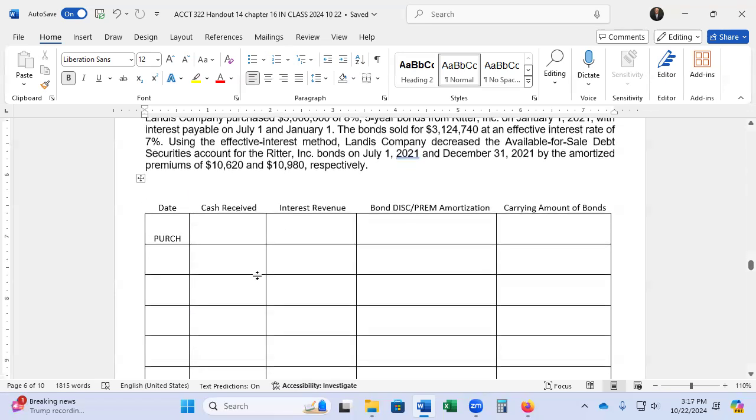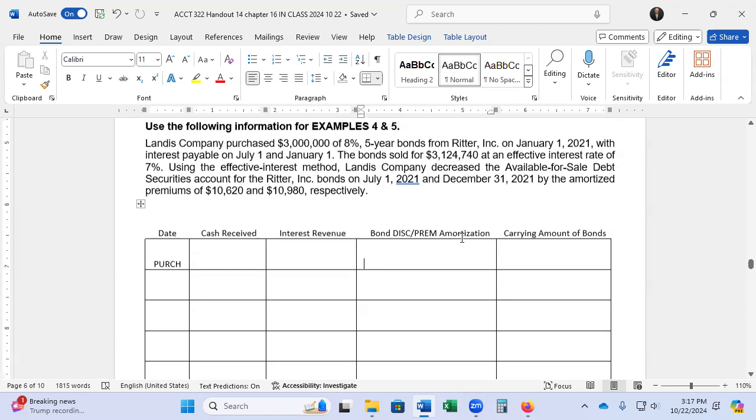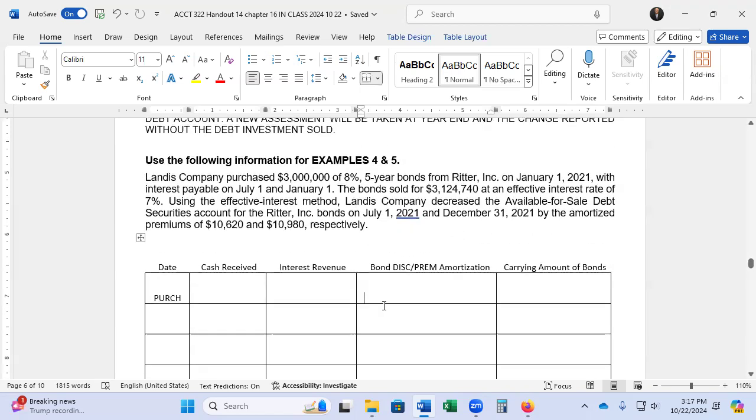So I'm just going to start again because I like to start with the effective interest method when you're using it, before you're answering any of the questions. So we'd say, okay, well, what's my bond discount or premium? So we paid $3,124,740 for $3 million face value bonds.